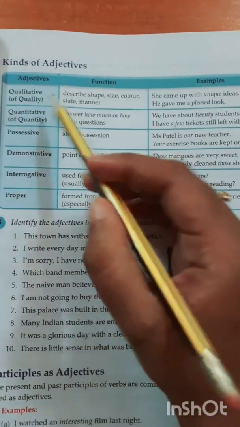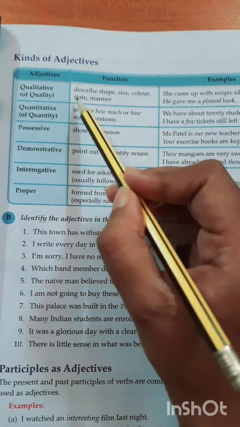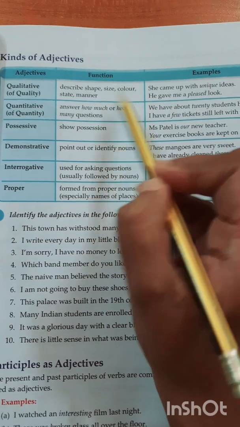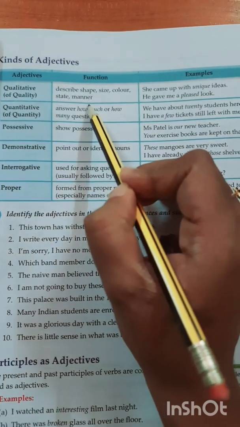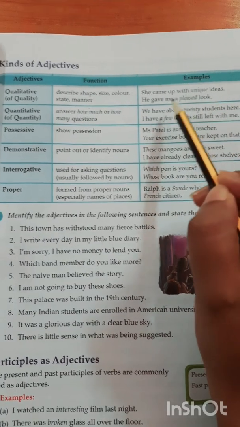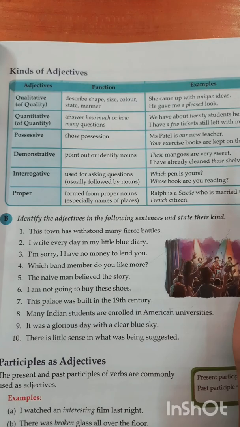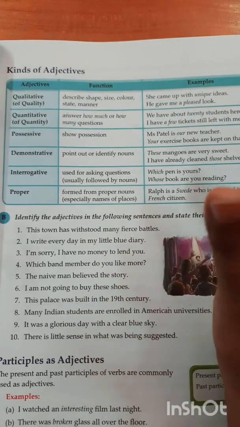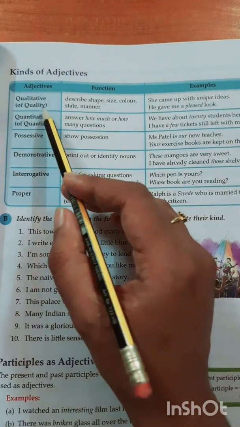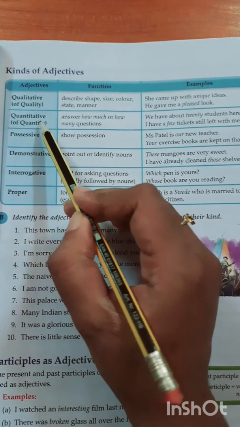Now qualitative. What kind of adjective is this? It describes shape, size, color, state, and manner. For example, she came up with unique ideas. He gave me a pleased look. This is a quality; it describes the quality of the noun. That's why it's called a qualitative adjective. Then quantitative.